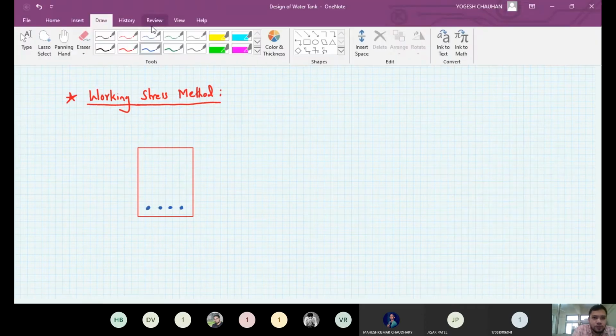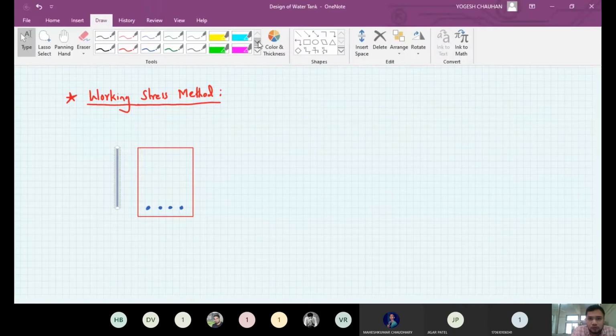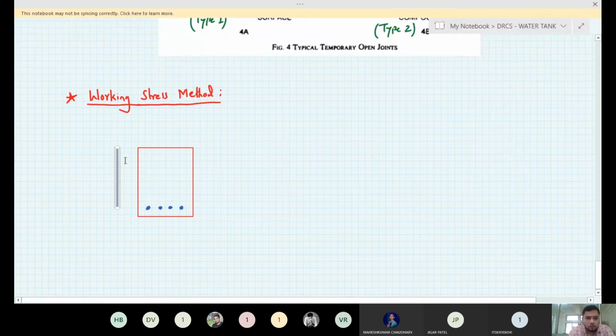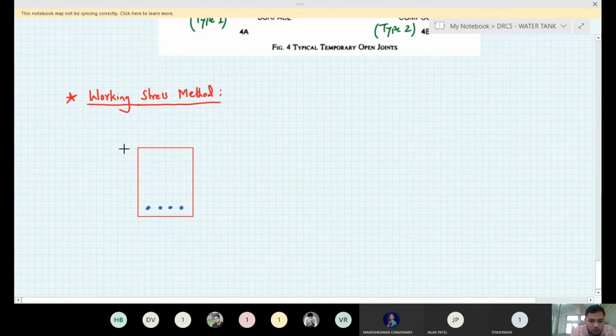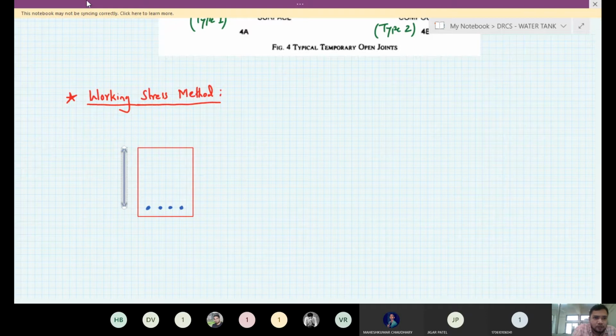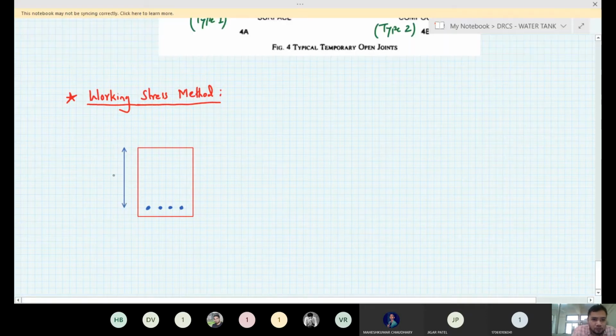Let the depth from the compression face to the CG of the reinforcement be d.